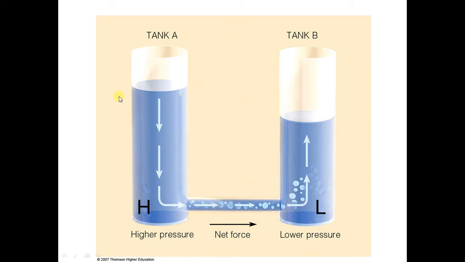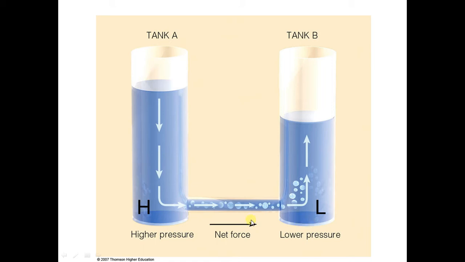And initially, let's say tank A has more water than tank B. But they're connected. And so there's a net force acting from tank A to tank B because there's higher pressure exerted on the bottom of tank A because of more water, right? Less water in tank B, so lower pressure of the water, right? Force per area at the bottom of tank B.